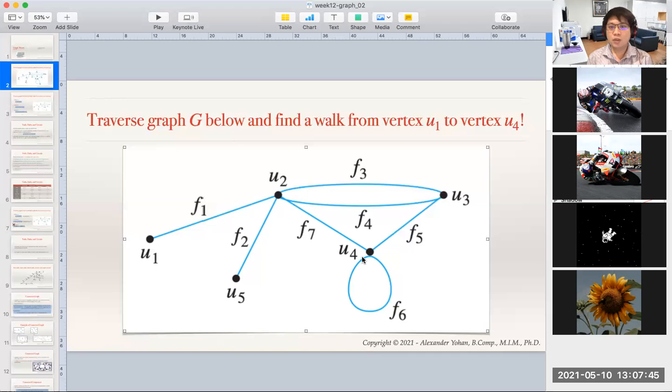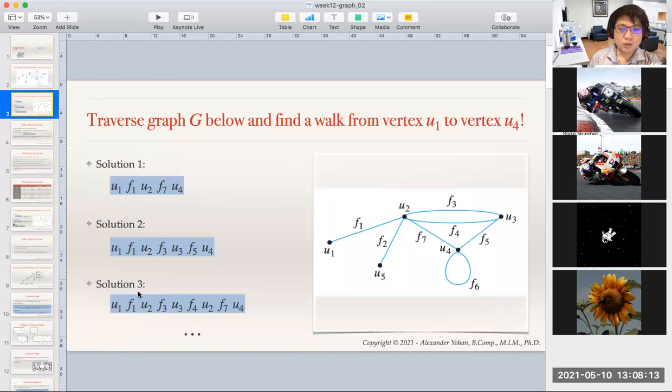Here, the criteria is you only need to find a walk, a route, a way from vertex U1 to vertex U4. There are no limitations like how many steps you need to take. So in that case, you can do the loop here between U2 and U3 as many times as you would like to.